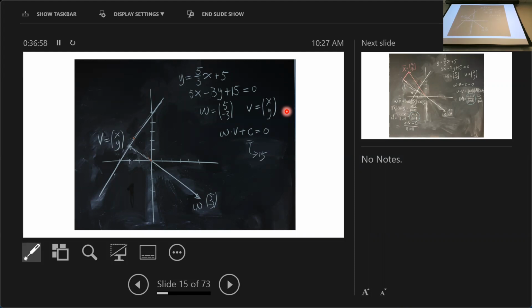Right. Okay. So now we just rearrange this in a different way. We multiply by 3 for both sides, and then it becomes 5x minus 3y plus 2. Right, this is like a general form to express a line.